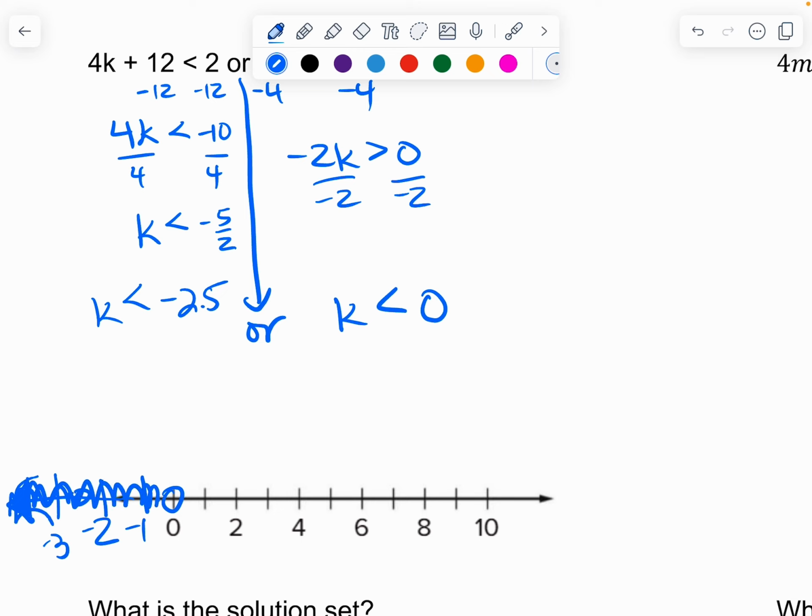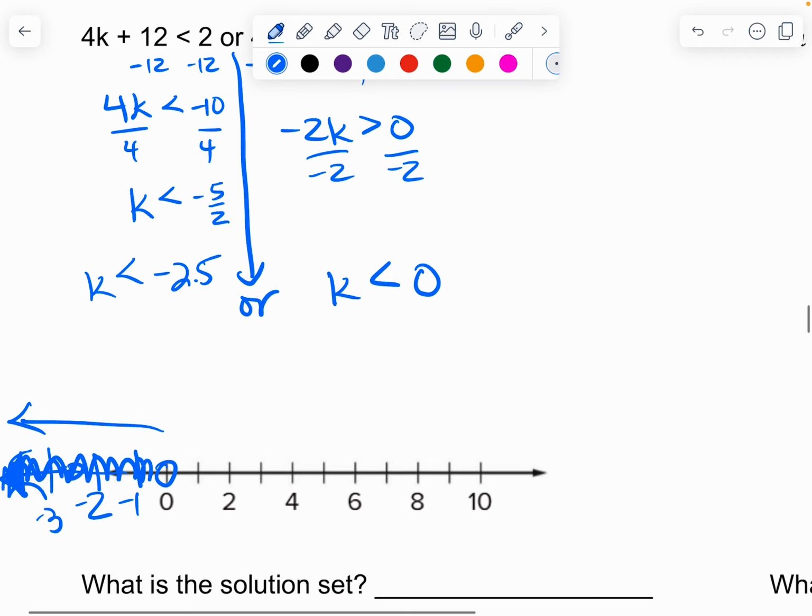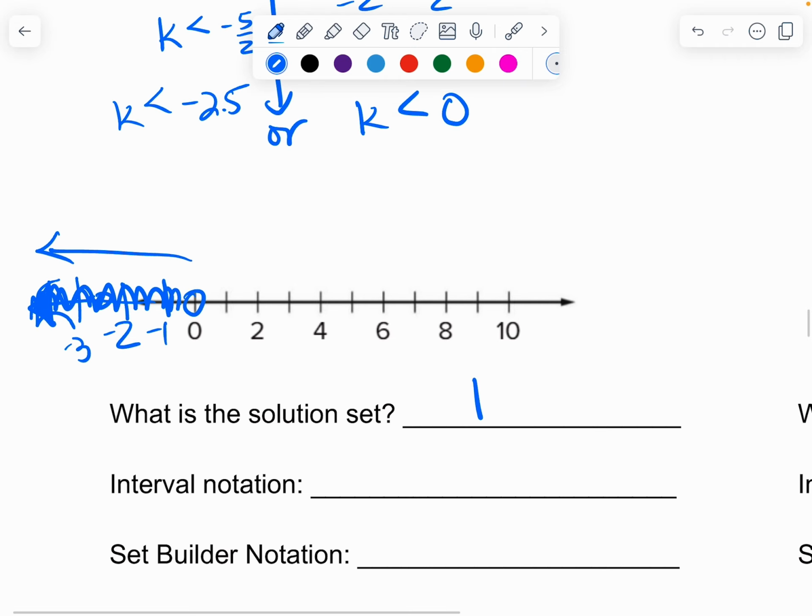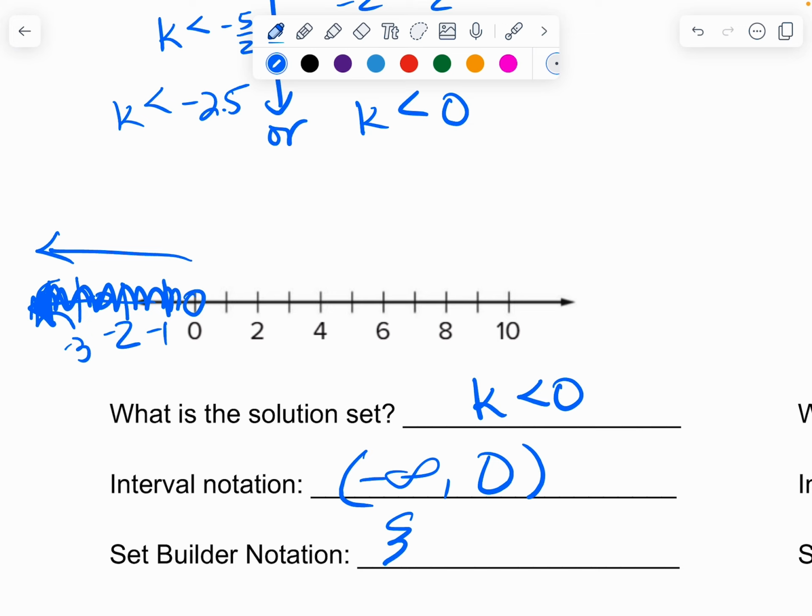See how it goes all this direction? So the solution to this is actually k is less than 0. Interval notation, negative infinity. And then my set builder would be k such that k is less than 0.